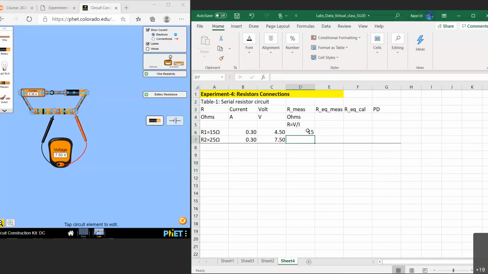So I got 15. You do the same thing for the second one. I got 25. So the percentage error is going to be 0 for this kind of experiment, right? That's the bad part of doing the simulation. You will always get the perfect result. Good. Any question so far?